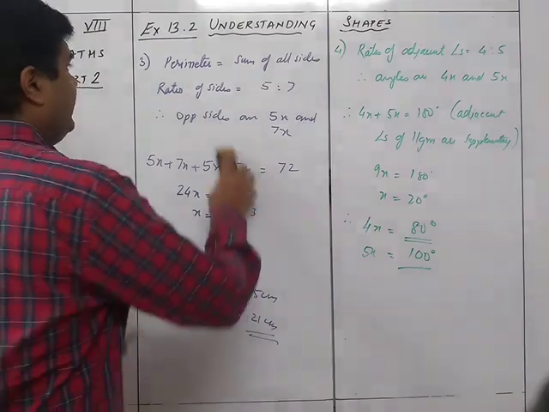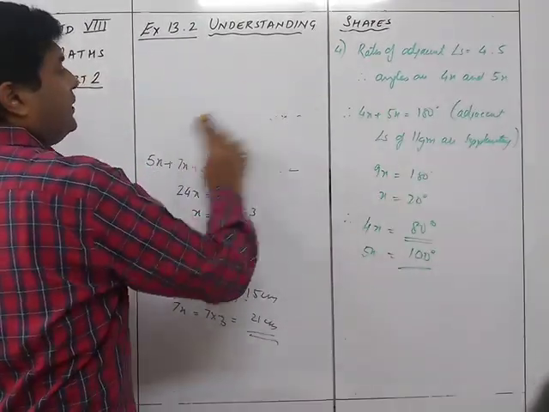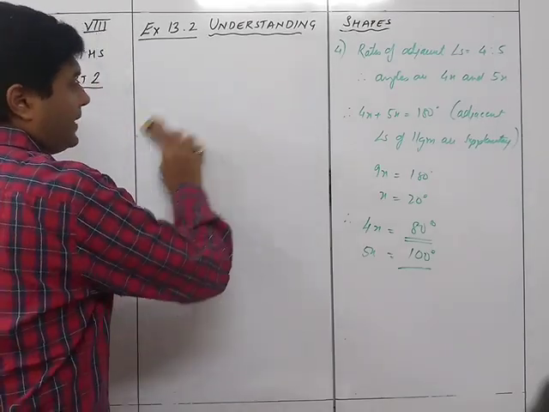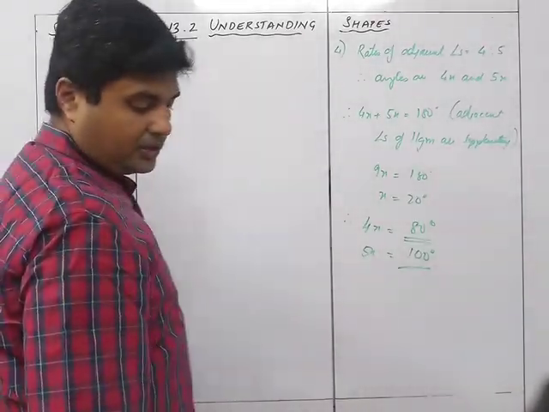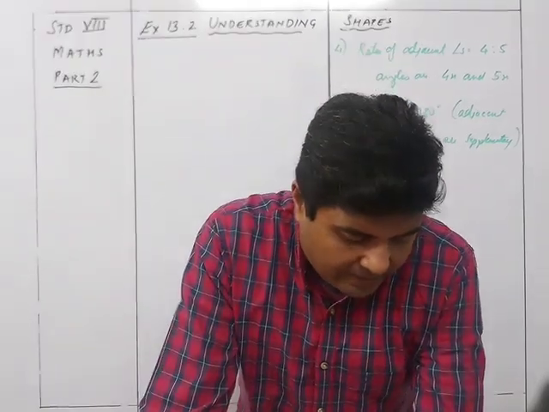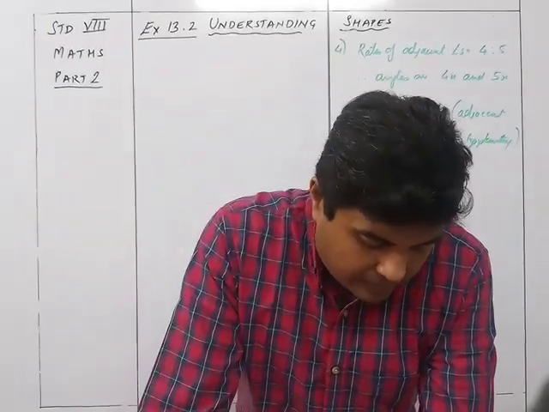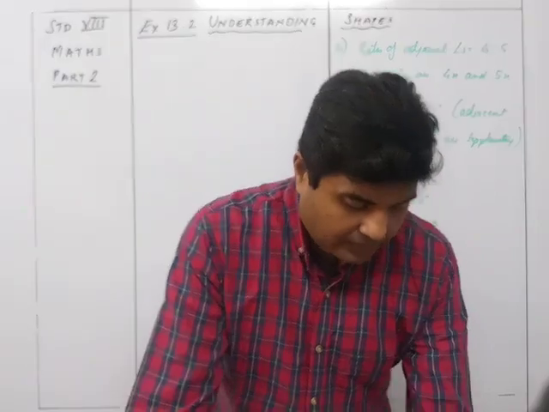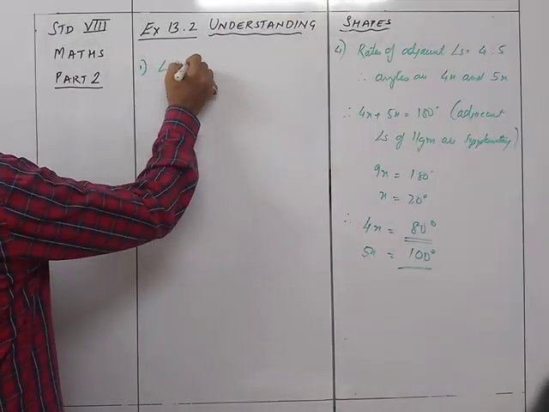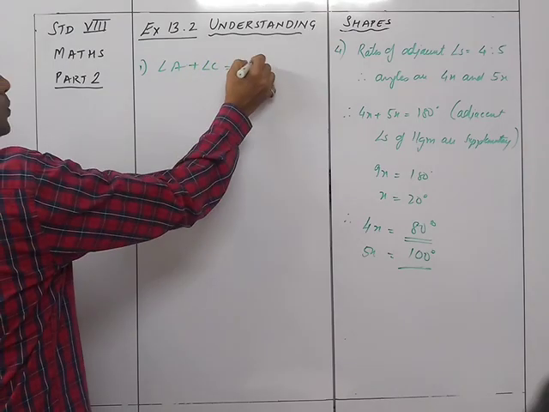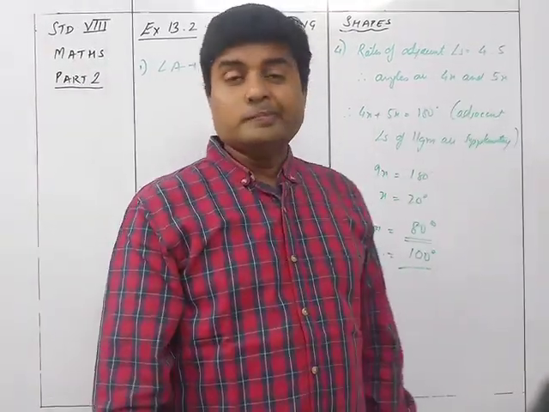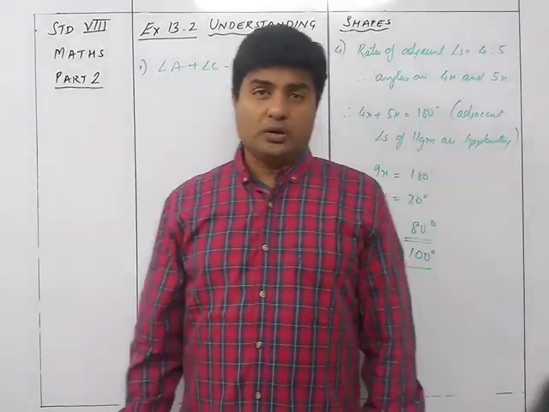Now we need to see question number 5, wherein you need to find out by calculation whether it is possible to have a parallelogram of such conditions. So first thing, can a quadrilateral ABCD be a parallelogram? Give reason to support the answer. If angle A plus angle C is equal to 180 degrees. Now, whether it can be a parallelogram or not.